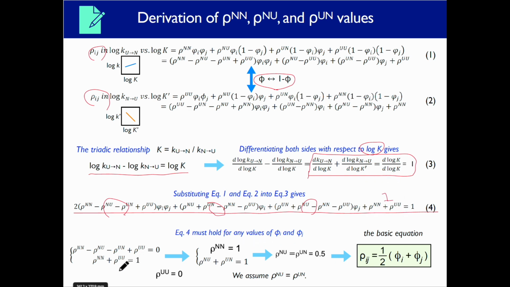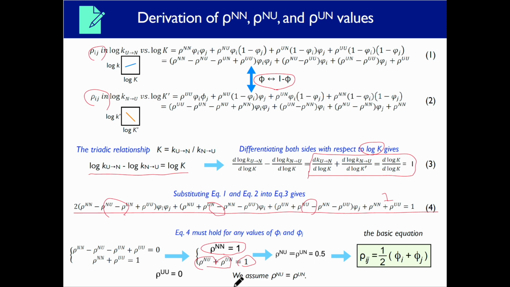So we obtain this equation, and I should mention that rho UU is 0, because state U can match the state U, and we can derive rho NN equals 1, and the addition of these two parameters equals 1.